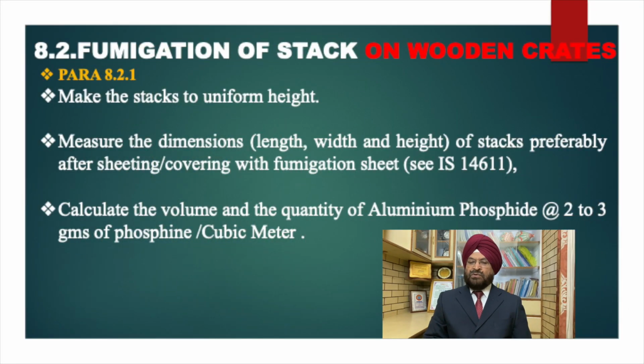According to the recommendation, make the stack uniform in height, measure the length, breadth and height, and calculate the volume, preferably including the sheet. Cover the stack, then measure the volume. Then after calculating the volume, the dose should be calculated, how much quantity should be applied in a stack according to the volume, at the rate of 2 to 3 gram of phosphine per cubic meter.